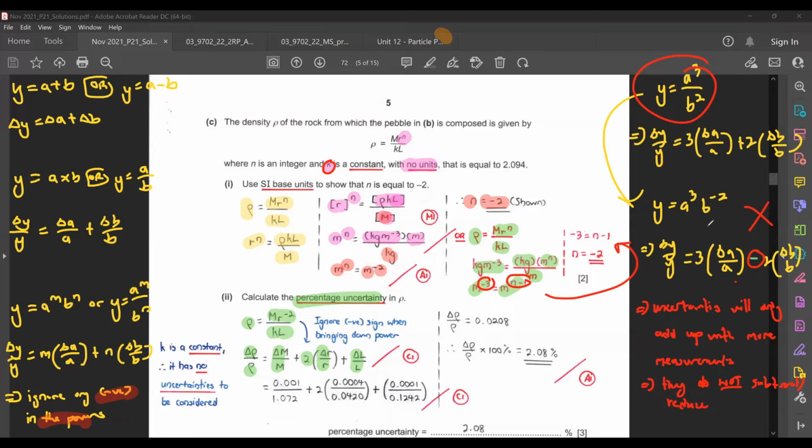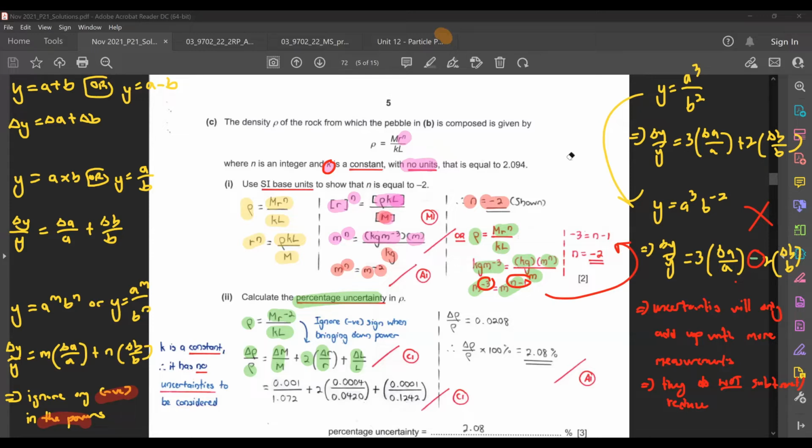Let's just say you want to get the value of quantity y. You take measurement A, you take measurement B, you take measurement C, D, E, and F, and then use them together to calculate the value of y. Because your measurements each have uncertainty, if you do more and more, your uncertainties will only add up. They're not supposed to reduce. They're not supposed to subtract from each other. So that's another reason why we don't put a negative. Because if you do more measurements, it doesn't make sense for their uncertainties to reduce. It will only add up.